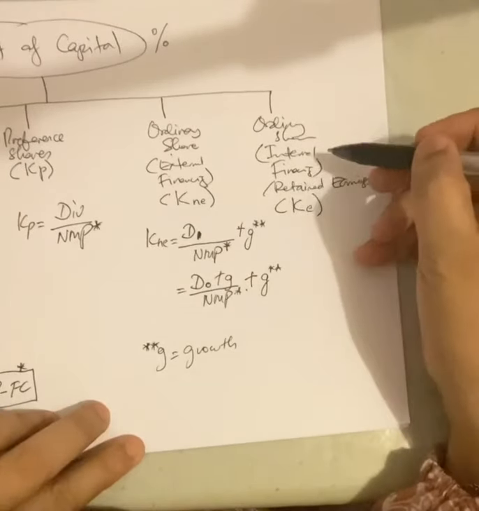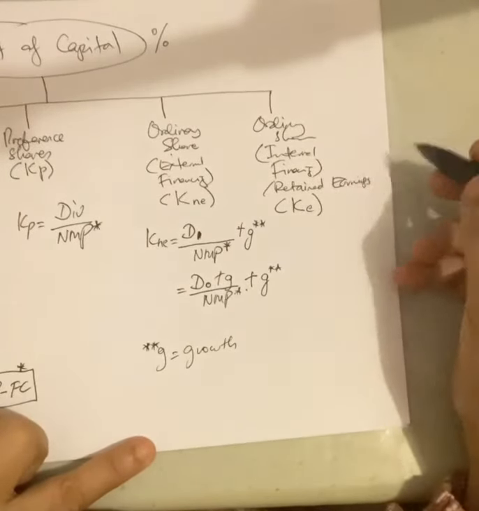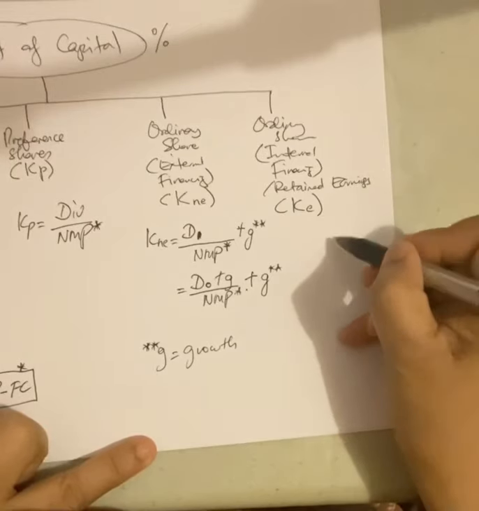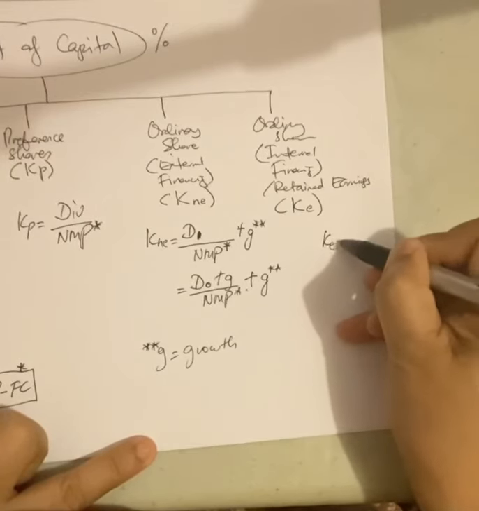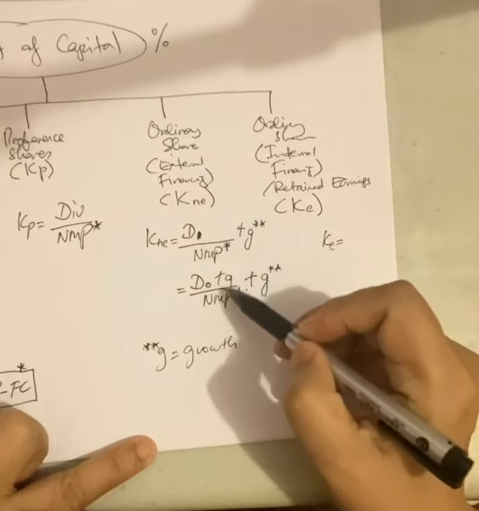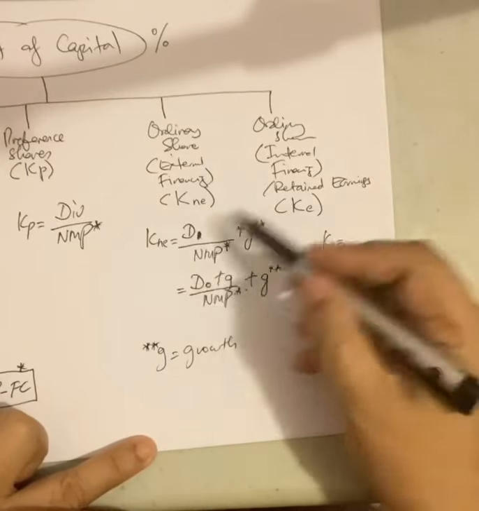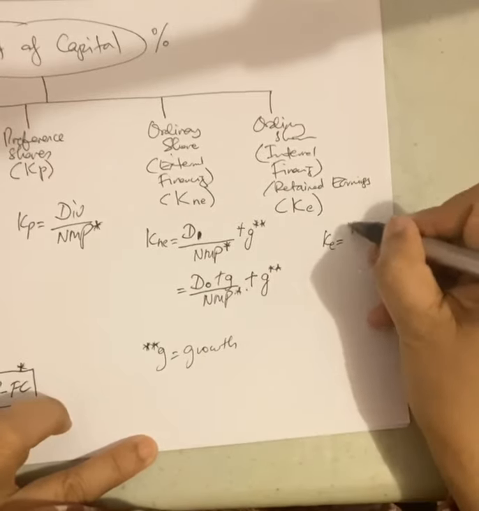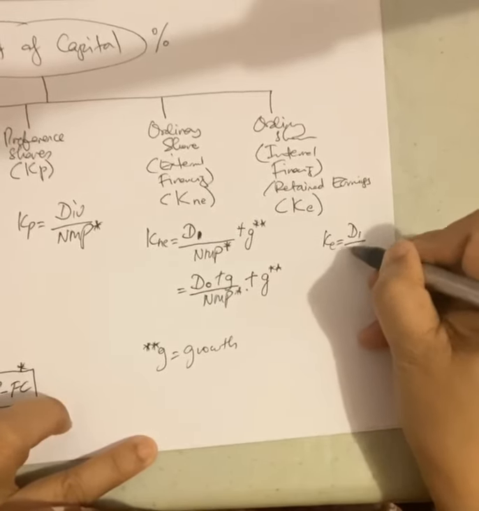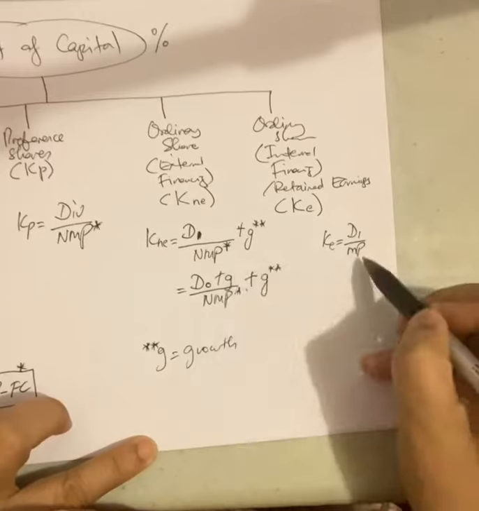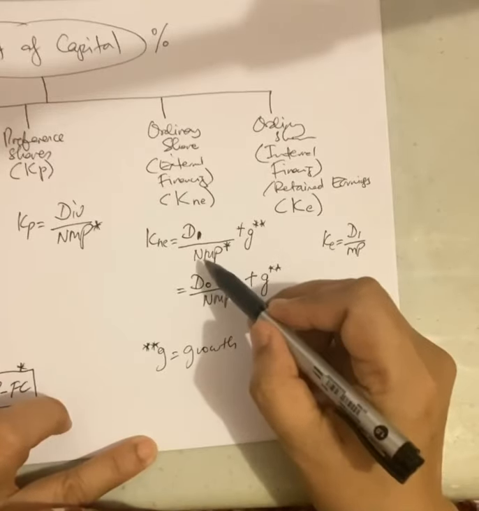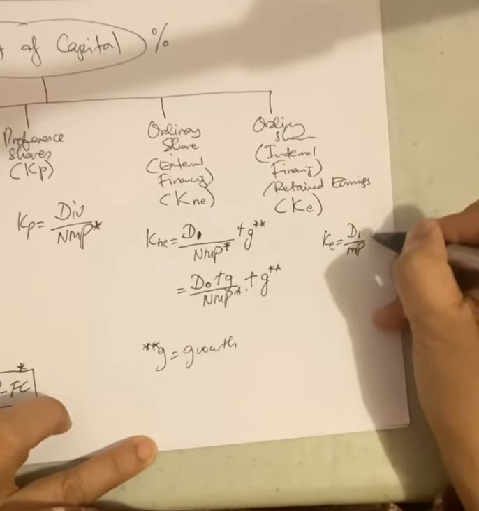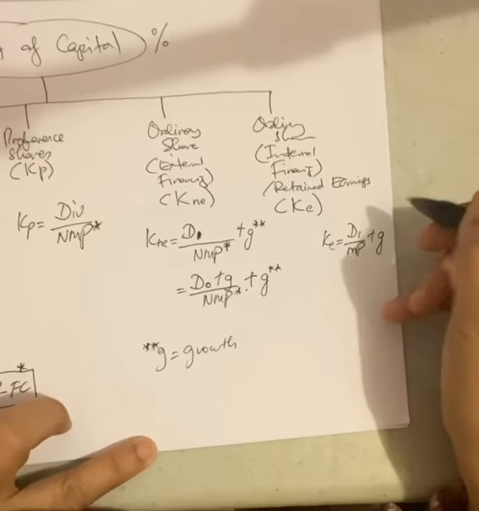For the internal financing or the retained earnings, the formula is KE. Everything is the same except the net market price. So D1 over market price. This is not net market price, but only the market price.